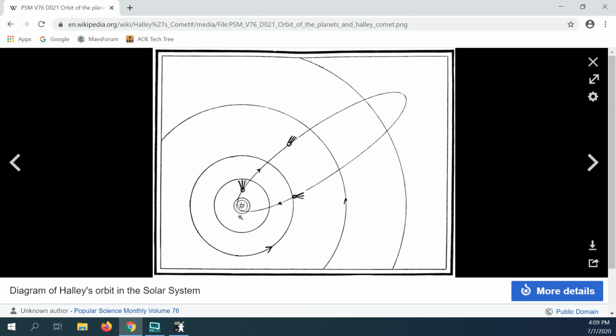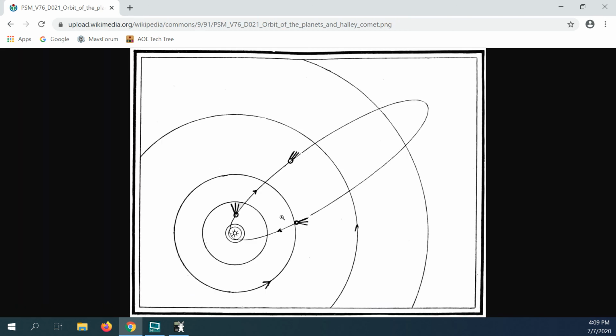Right. So the Sun is of course in the middle there. It's one of the foci. The inner ones are probably Mercury and Venus, and then the Earth is around this much. The Halley Comet will travel around in an elliptical path, and we see it is a lot more elliptical.